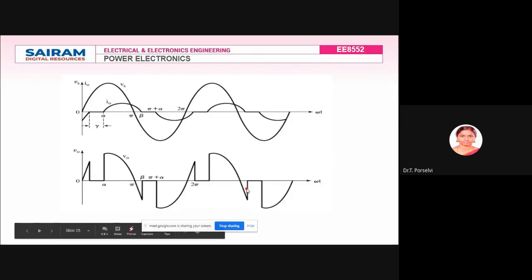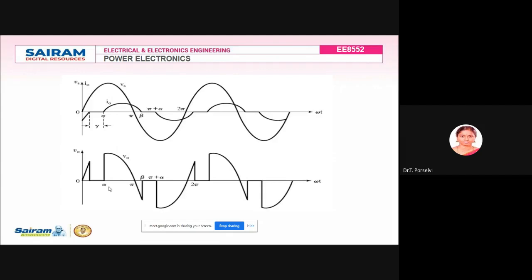So you have converted a fixed AC voltage into a variable AC voltage, and if you adjust the value of alpha, the output voltage magnitude is going to change. So if you change the alpha value, you will be able to change the output voltage value.